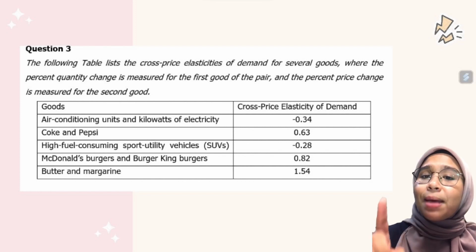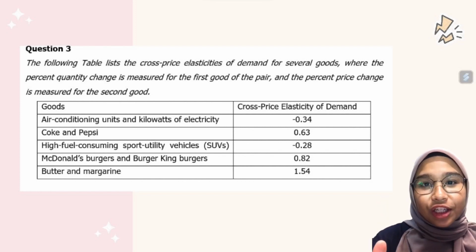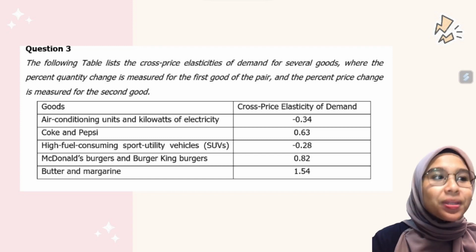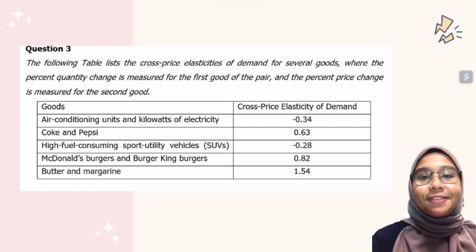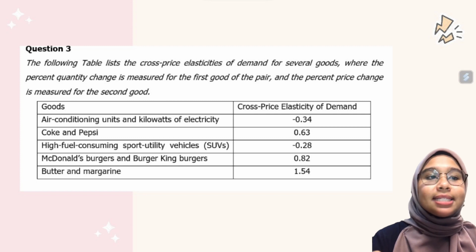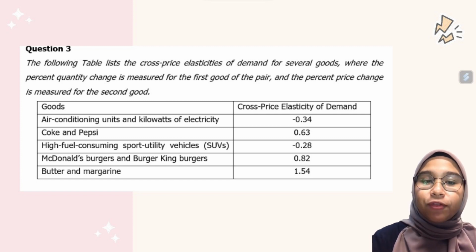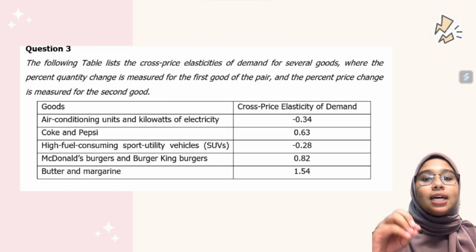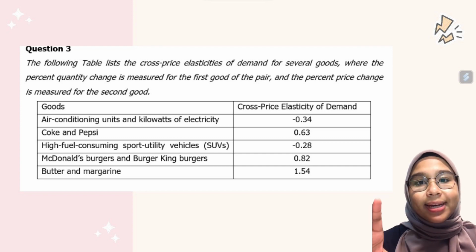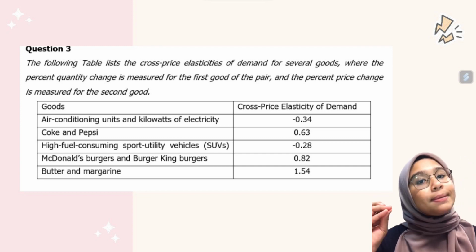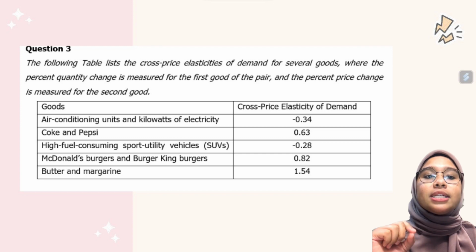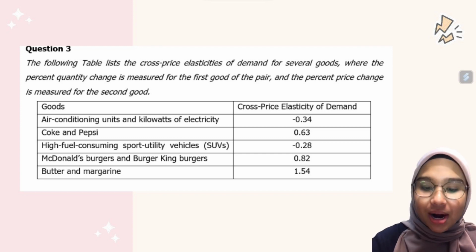Okay, so let me move you to our next question, which is question number 3. So we have been given a table that lists the cross-price elasticity of demand for several goods. We need to determine whether they are complementary goods or substitute goods based on the cross-price elasticity of demand.